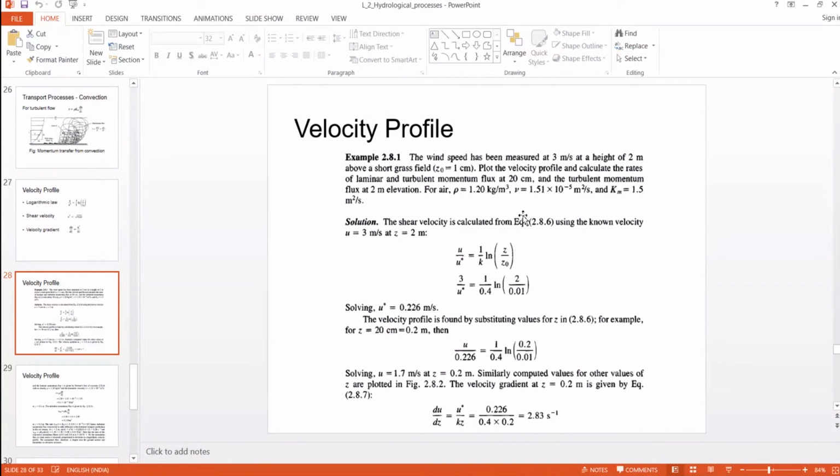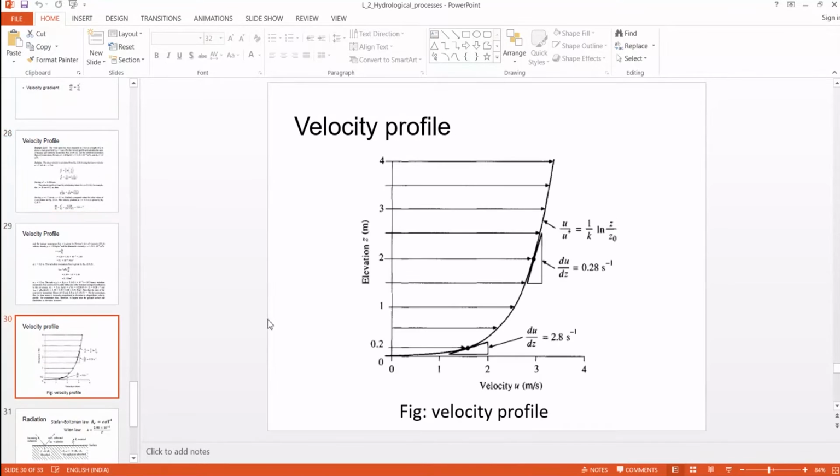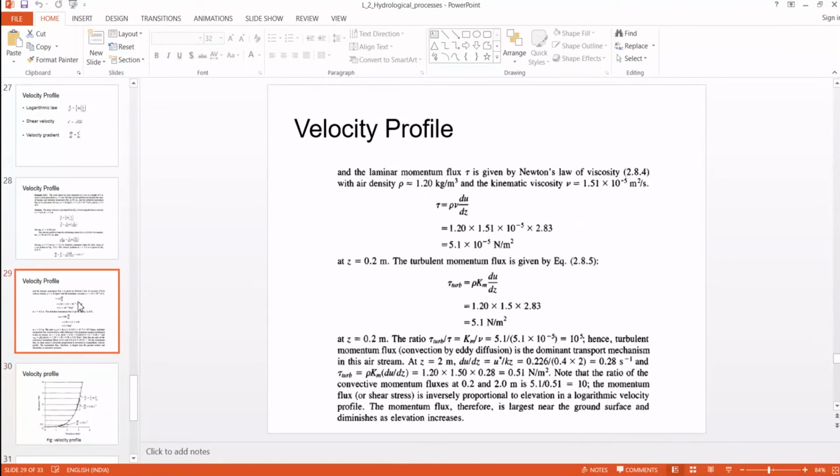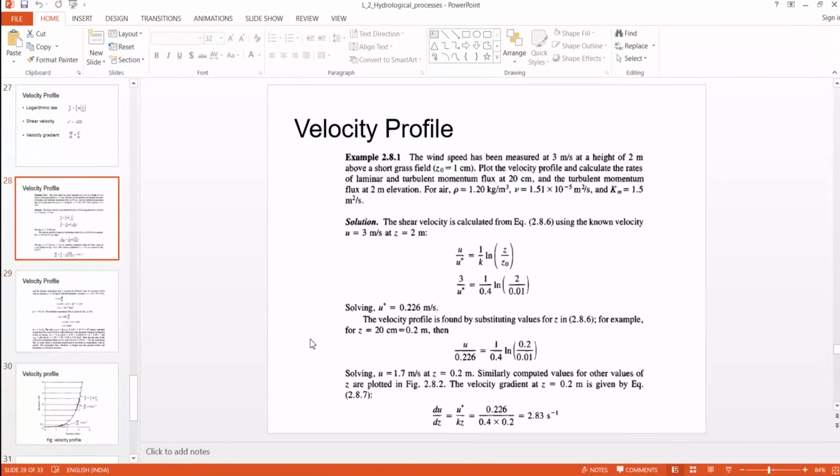Now plot the velocity profile. Because the atmospheric boundary layer is kilometers in height, but we can integrate this equation up to 4 meters.